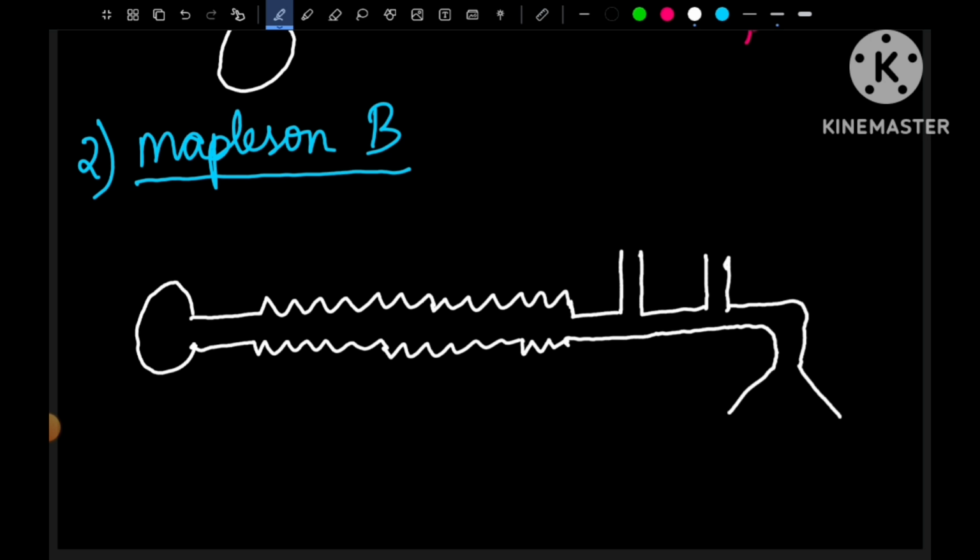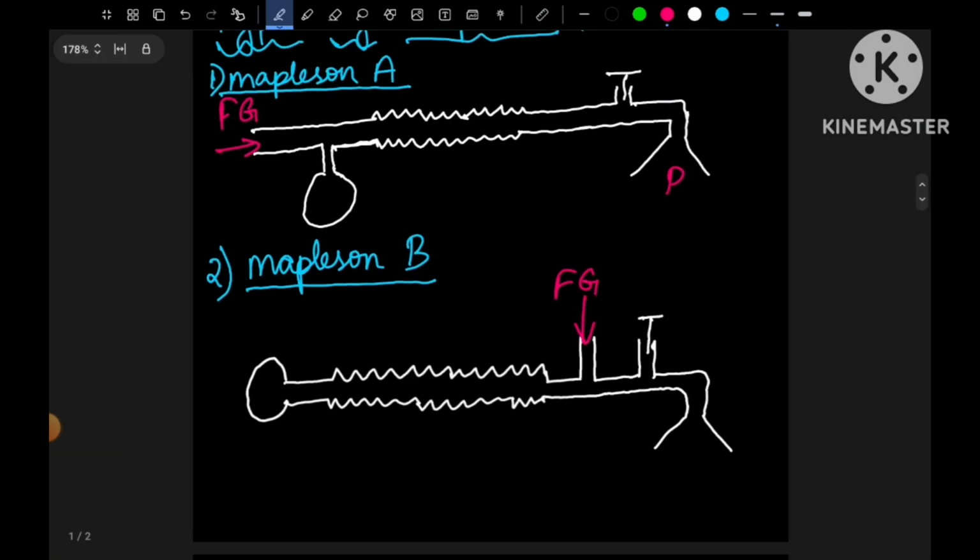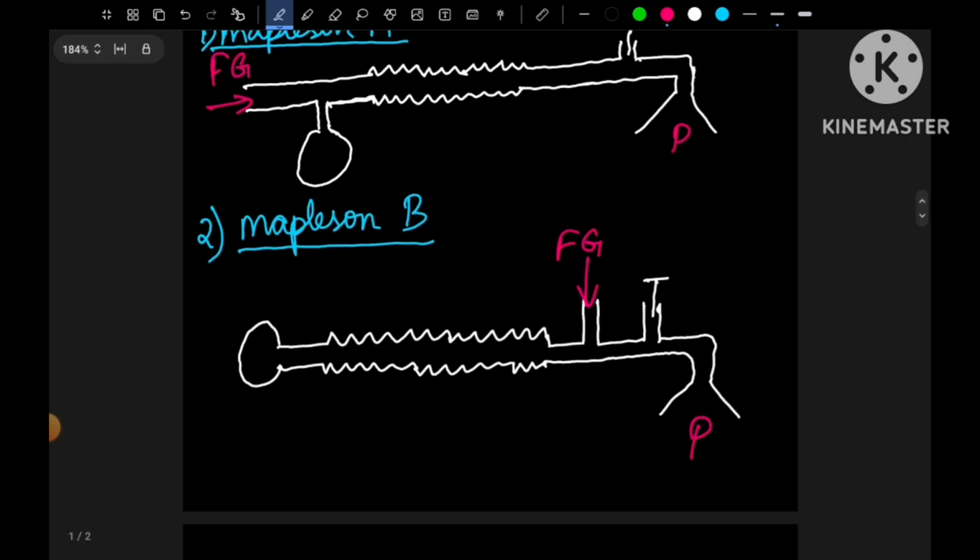Okay, and the valve is present here, and this is the rod. Right, you can see that, and here's the patient.